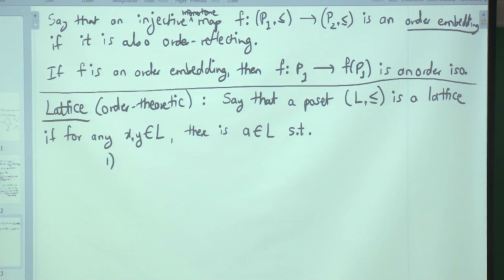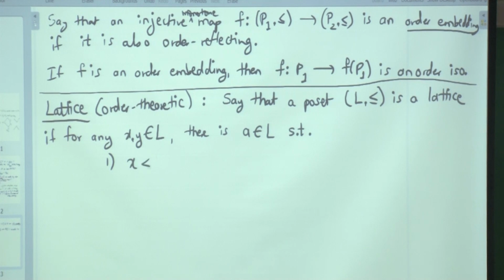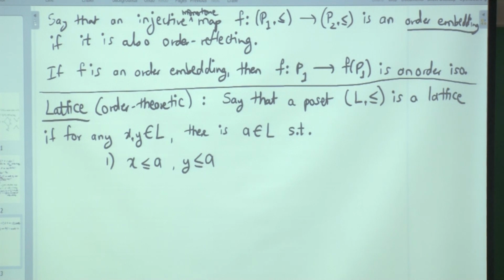First property is that x is less equal A, y is less equal A. So A is an upper bound of x, A is an upper bound of y.